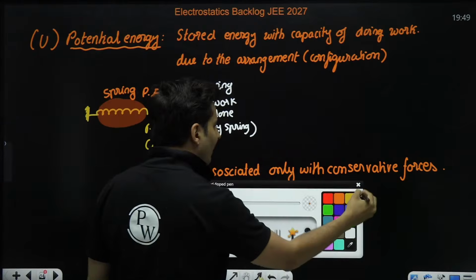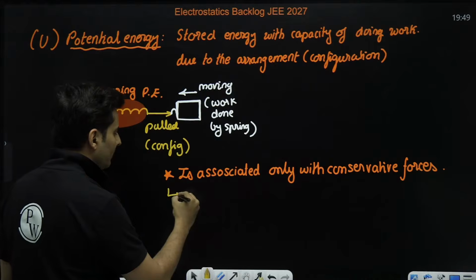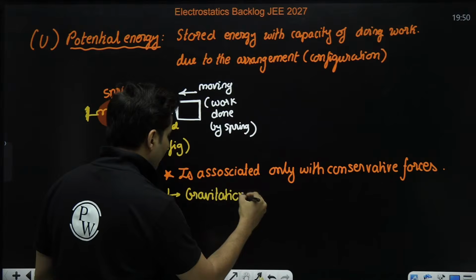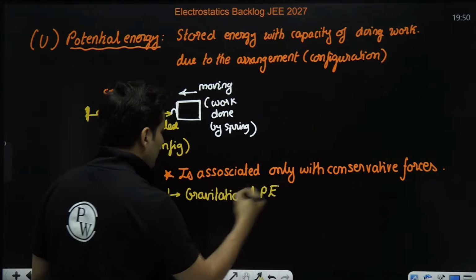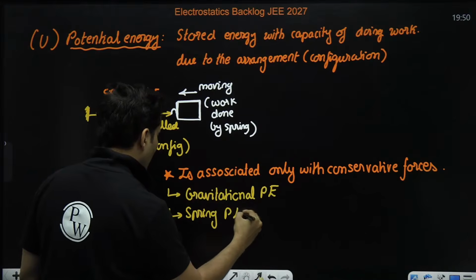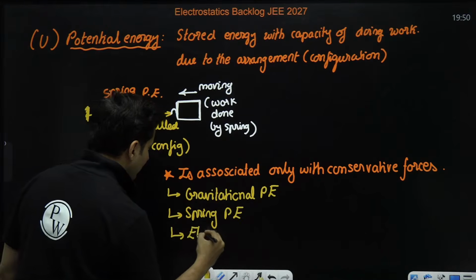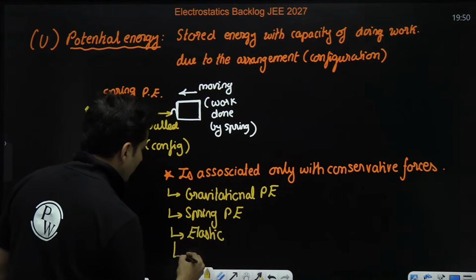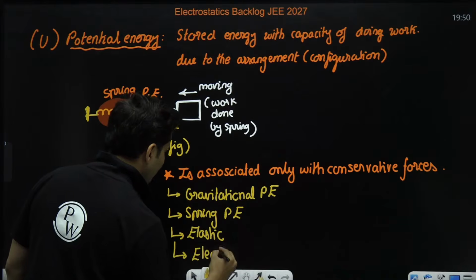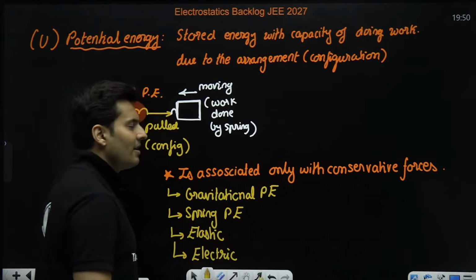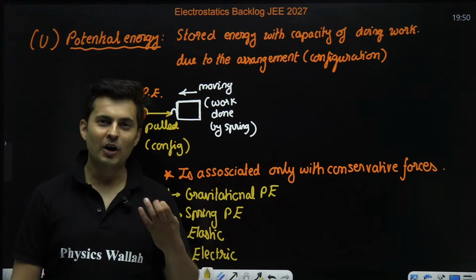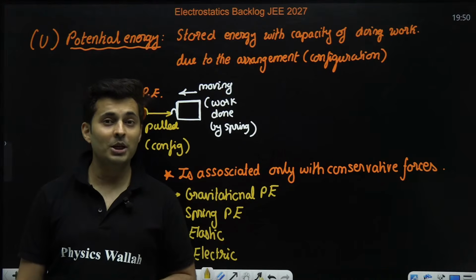That is the reason why you hear words like gravitational potential energy. You hear words like spring potential energy. You also hear words like elastic potential energy. You also hear words like electric potential energy, etc. But you will never ever hear frictional potential energy, viscous potential energy, normal potential energy, tension potential energy.